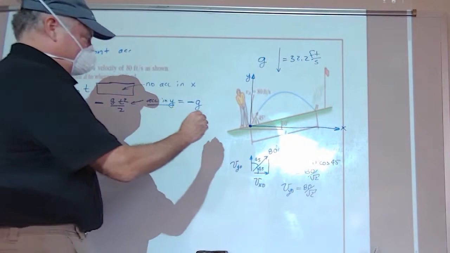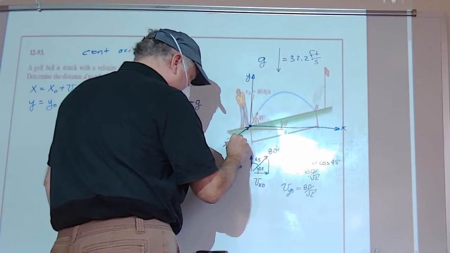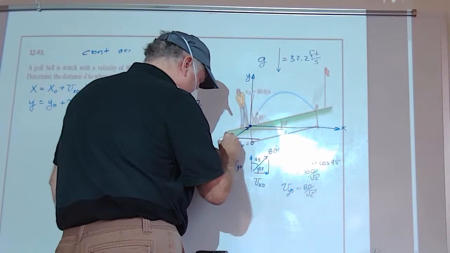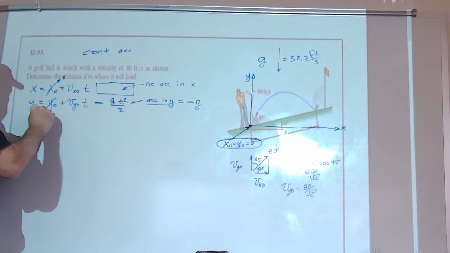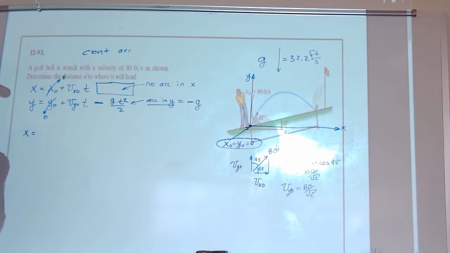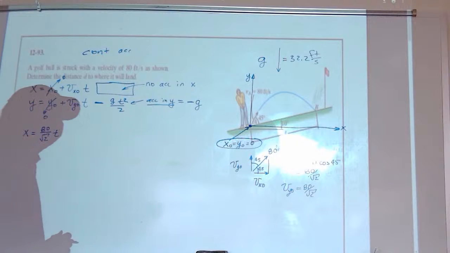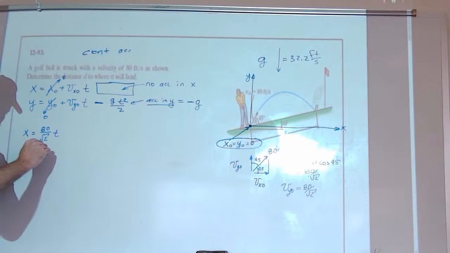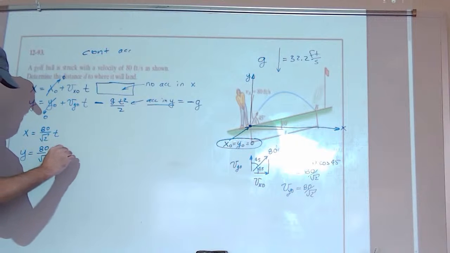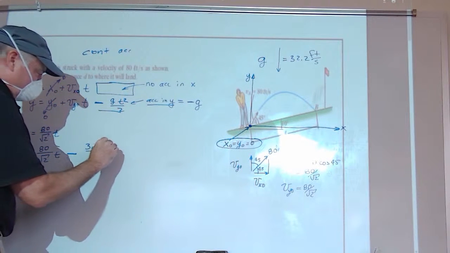Now, since I picked the initial location, x naught equals y naught equals 0, these two terms go away. So now what I get is x equals 80 over square root of 2 t, and that's pretty much it. And then I get y equals 80 over square root of 2 t, minus 32.2 over 2 t squared.